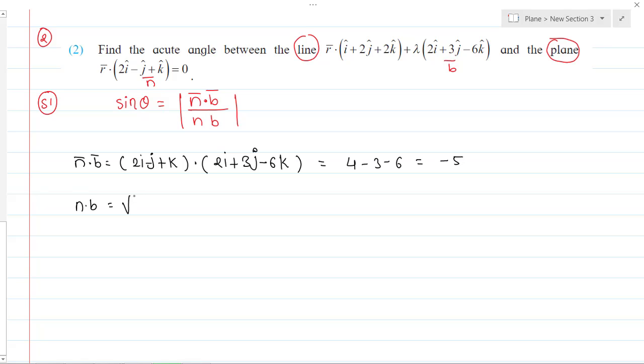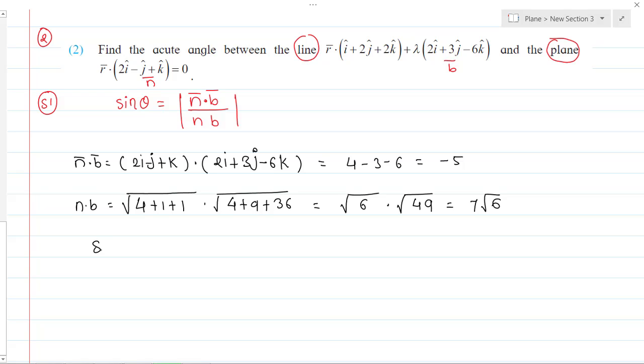It is the product of their moduli: root of 4 plus 1 plus 1, which is root 6, into root of 4 plus 9 plus 36, which is root of 49. This gives me 7 root 6. Perfect.